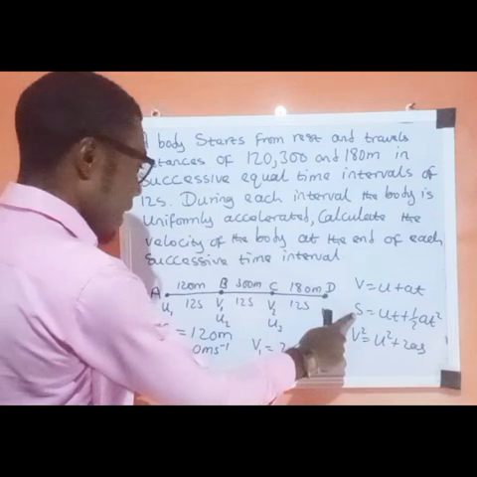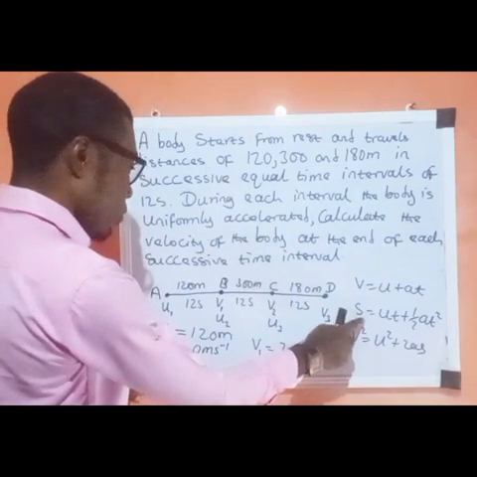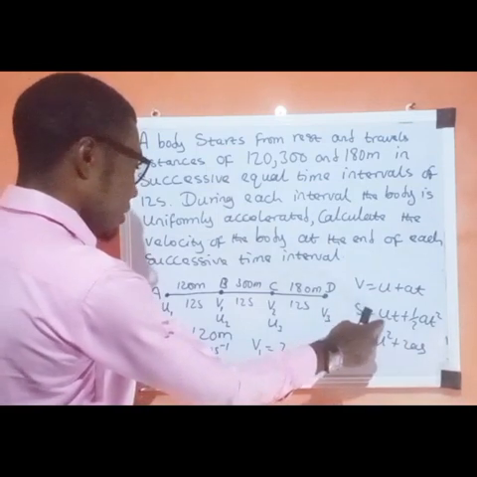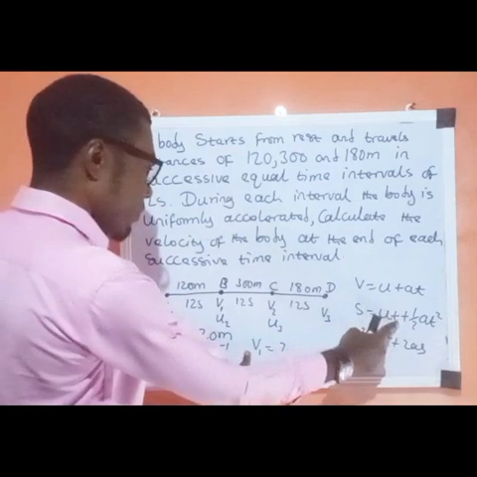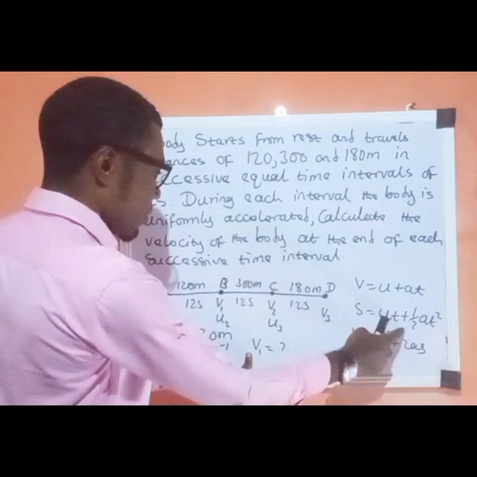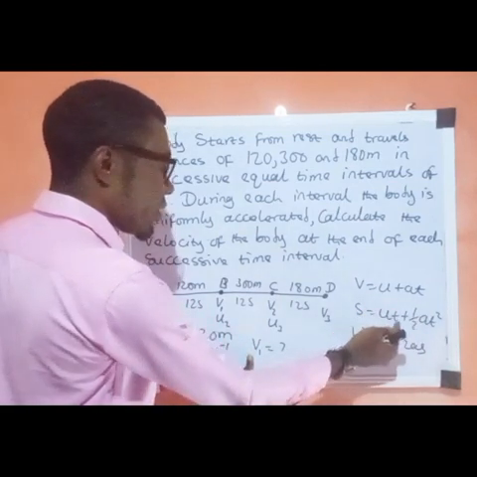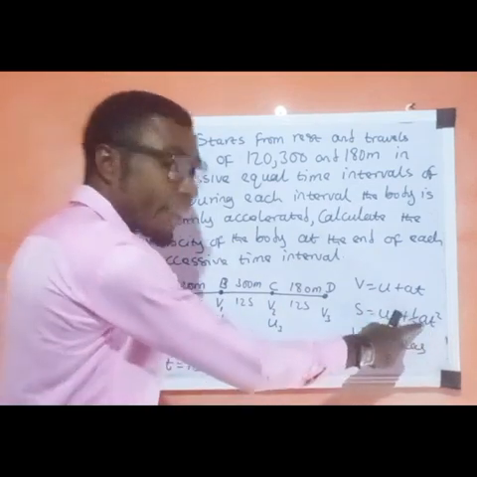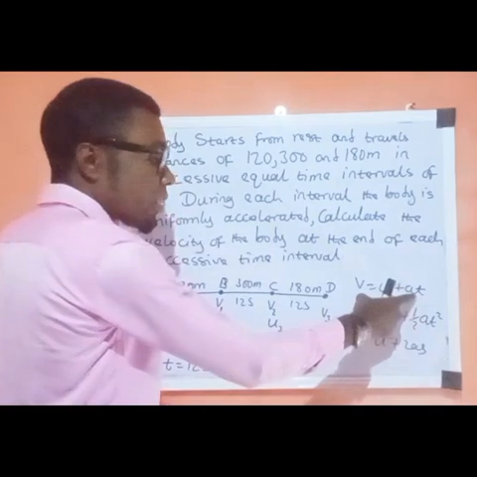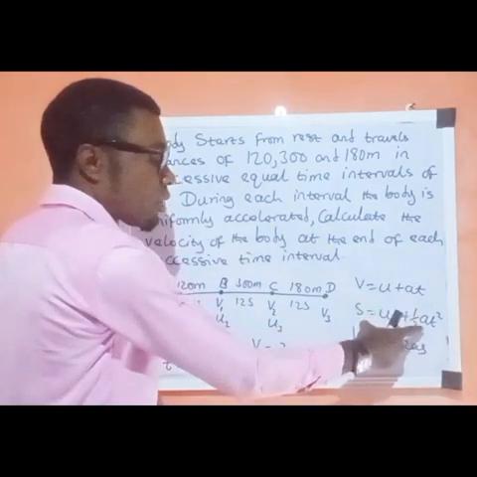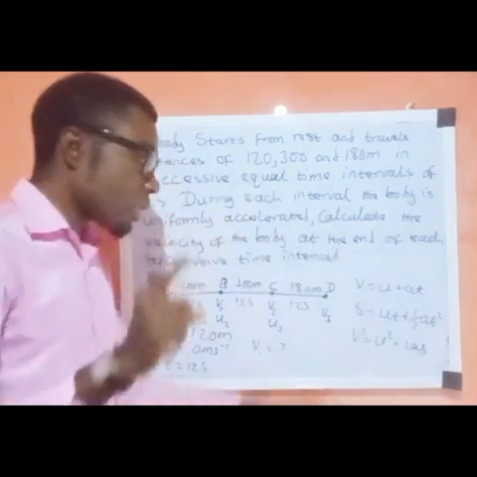You come to equation 2: s is here, u is here, t is here, v is not here. If you look at equation 2, s is known, u is known, t is known. It's only a that is not known here. Remember, in the first equation we had two unknowns; in the second equation we have just one unknown, that is a.